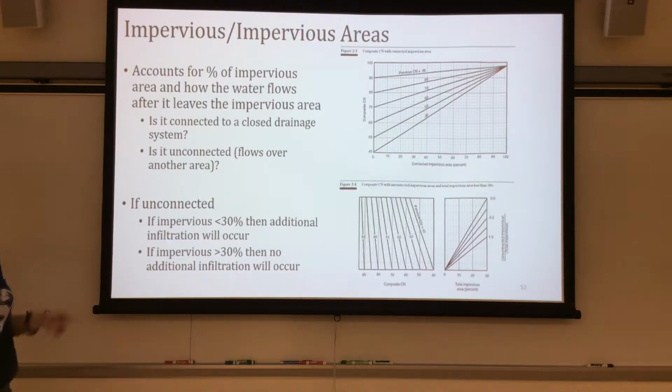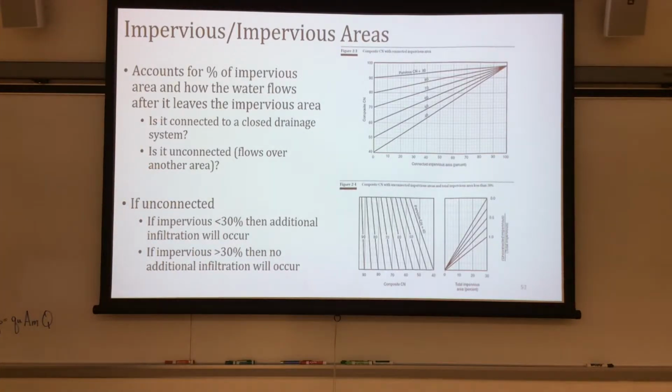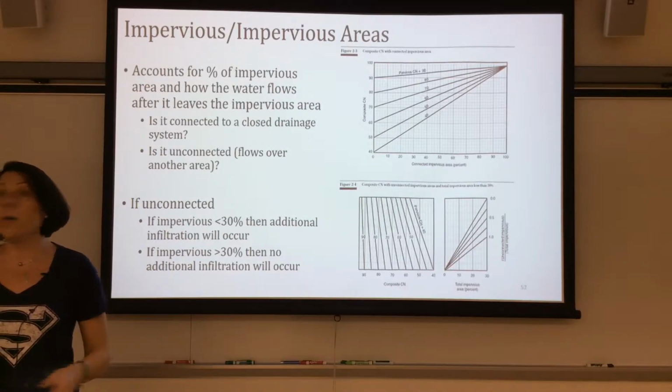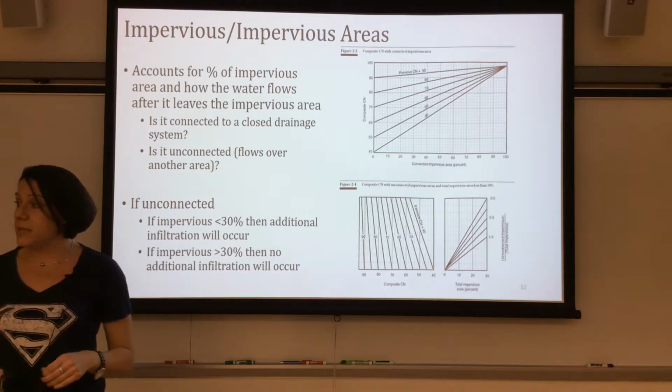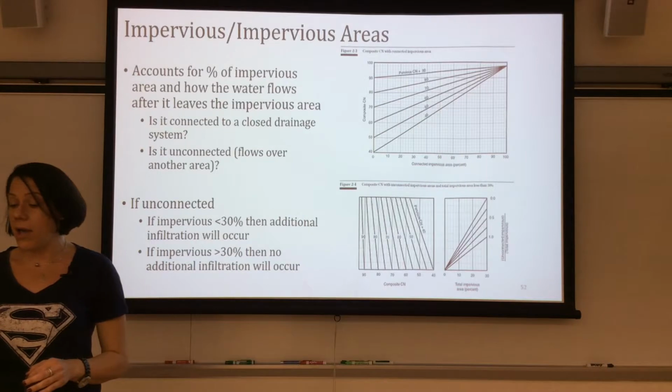It accounts for percent of impervious areas and how the water flows after it leaves the impervious area. Is it connected to a closed drainage system, or does it flow over another area? If it's in the middle of Home Depot, it is directly connected to a closed drainage system. It goes into the pipes, underneath the ground, and then discharges directly into a pond.